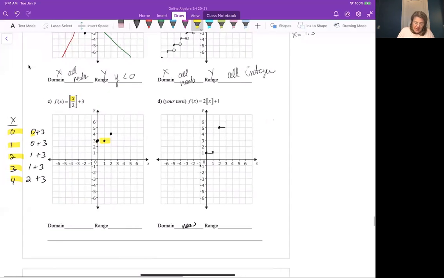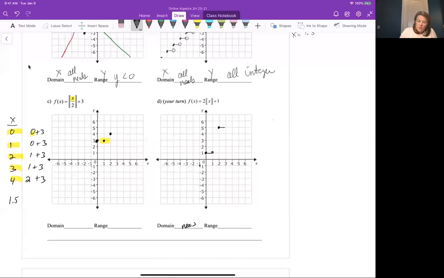If I have 1.5, let's take 1.5 as x. I take 1.5 divided by 2. That's still a fraction. That's less than 1, by the way. I move to 0, and I add 3 to it. So I'm still at 3. So it looks something like this, all the way up until I get to 2.